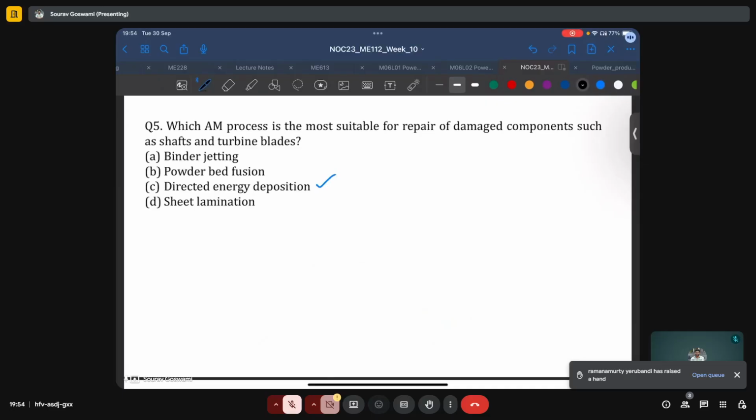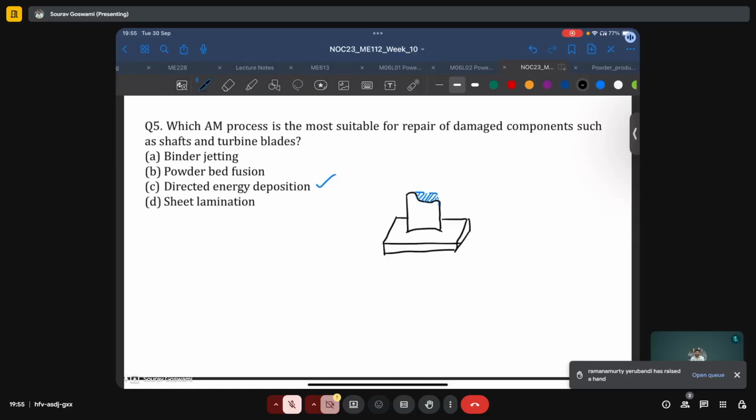For the example that we saw today, that of a broken turbine blade, imagine a scenario where we have to deposit this missing region using something like a powder bed or binder jetting process.